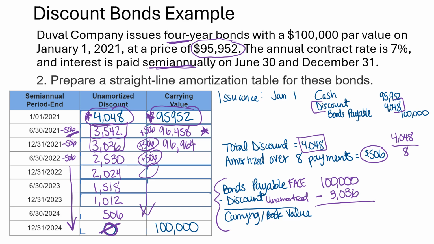So to do it that way, 96,964 plus 506 will give you 97,470.